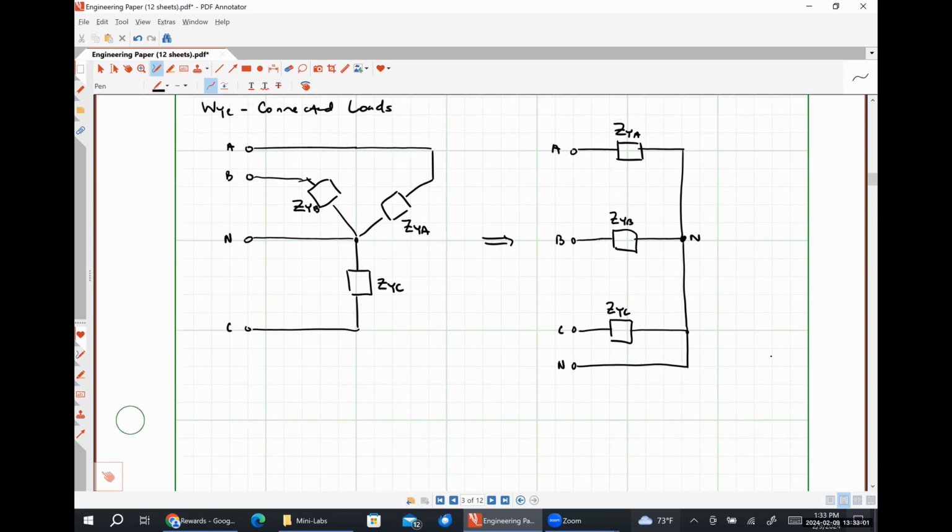So what do you guys think our phase voltages are going to be? Okay. Just the voltage drops over the impedances. Absolutely correct. So tell me what those should be. So everything that we've been doing to this point has been using a double subscript notation.